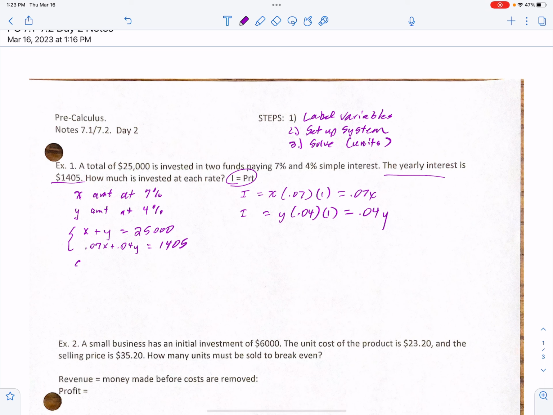And if you want, you can multiply that second equation by 100 on both sides so that you get rid of the decimals. You don't have to, though, because you do have calculators. And then it's just up to you in terms of how you want to solve that. If you want to go ahead and solve by, say, substitution, then X is 25,000 minus Y, and then substitute that in.